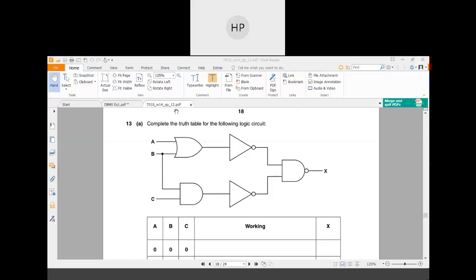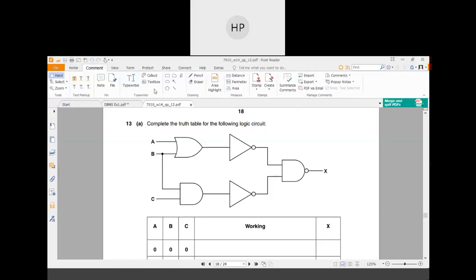Now the first thing you need to do is break this into small pieces. That's number one, otherwise this becomes confusing and difficult.